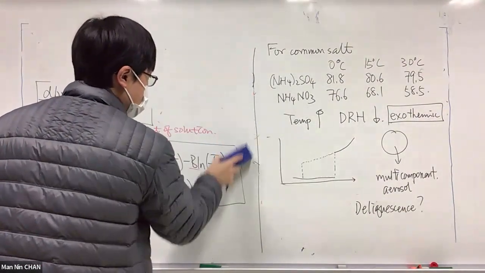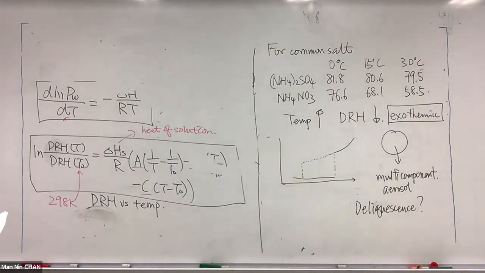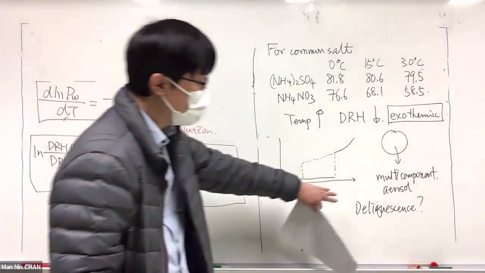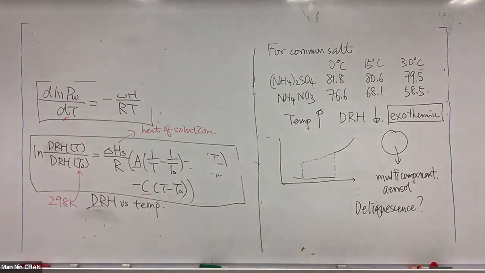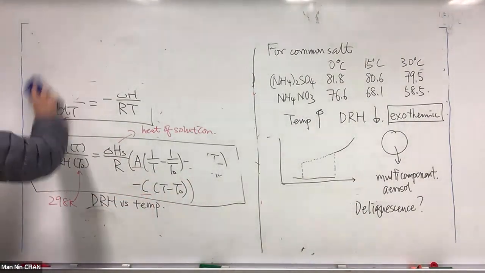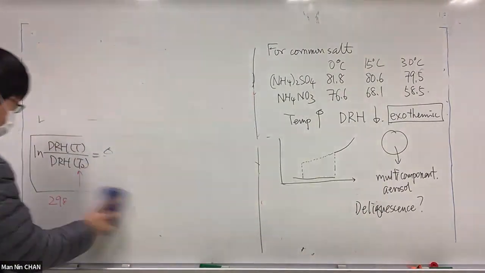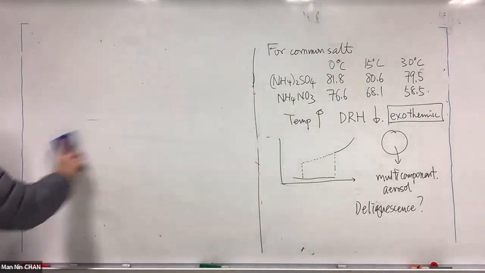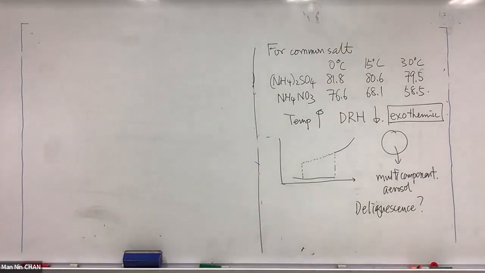So we want to do some qualitative argument here to help you understand. Let's say you have a multiple component aerosol. How would the deliquescence process change? Let's just consider a system with two species.